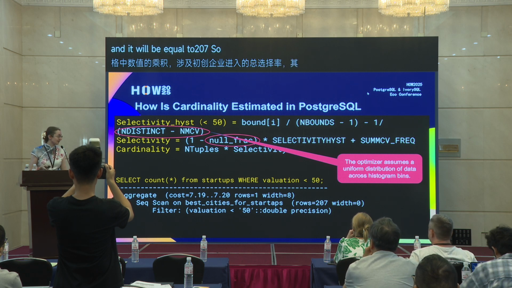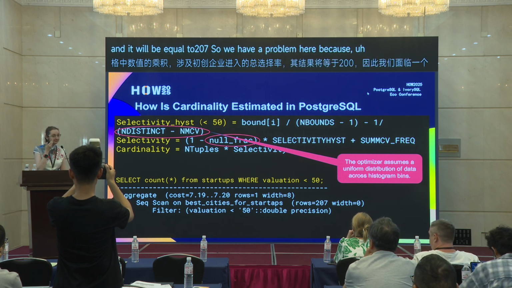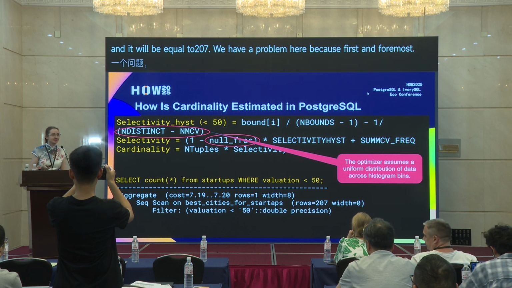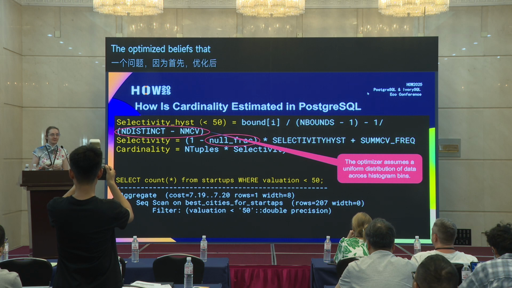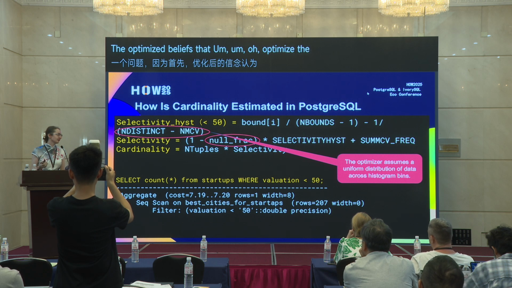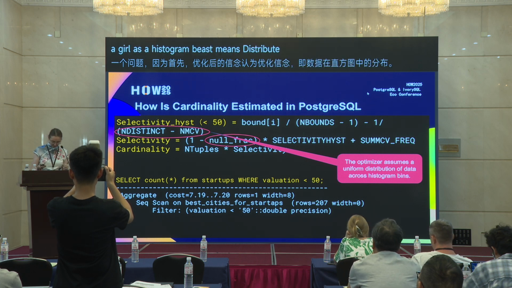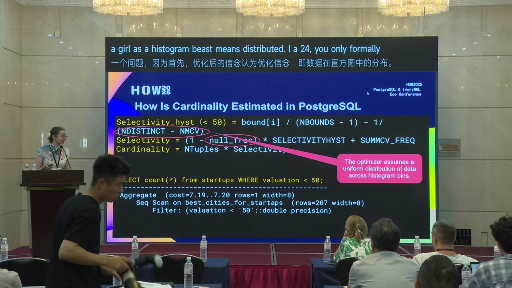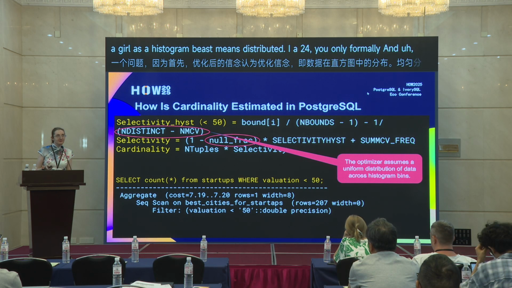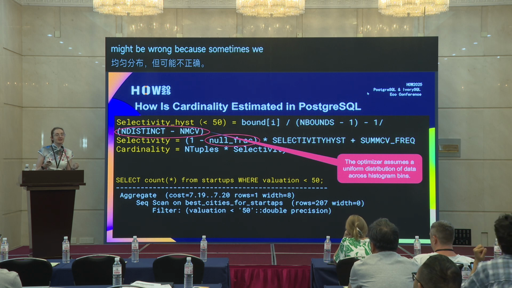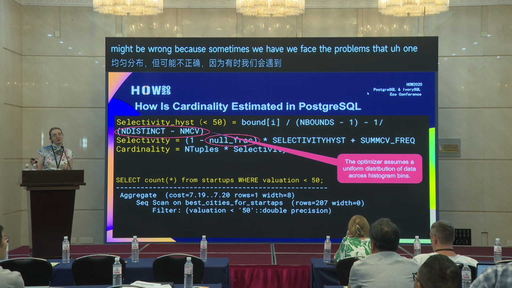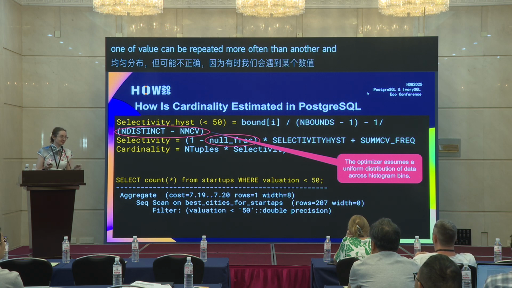So we have a problem here because first and foremost, the optimizer believes that the data across the histogram bins is distributed uniformly, and it might be wrong because sometimes we face the problems that one value can be repeated more often than another, and so it isn't a uniform distribution at all.